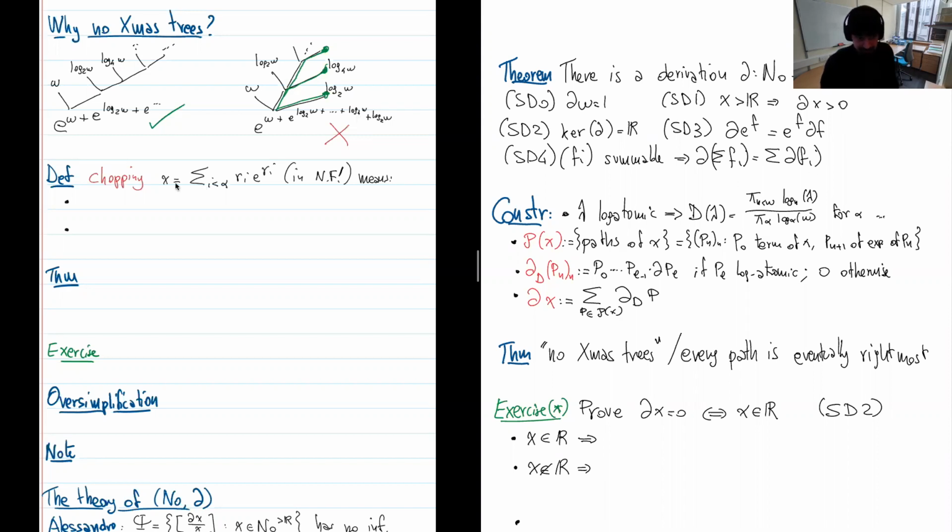You start from a surreal number, write it in normal form, x equals the sum of r_i e to gamma_i. Now chopping these surreal numbers, in particular, means I either drop a tail of the number. It just means take the sum up to some beta.